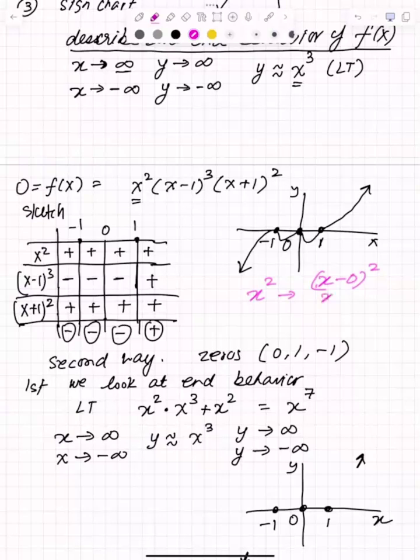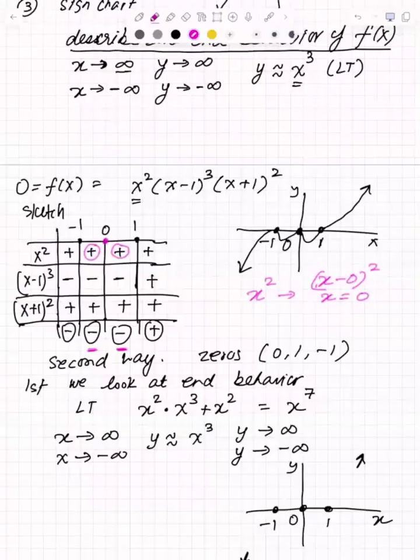You can see when x went through 0, from below 0 to above 0, x squared did not change sign. It stayed positive on both sides of 0. If x squared did not change sign, the polynomial did not change sign. You see the polynomial on both sides of 0 stayed negative. Is that okay?